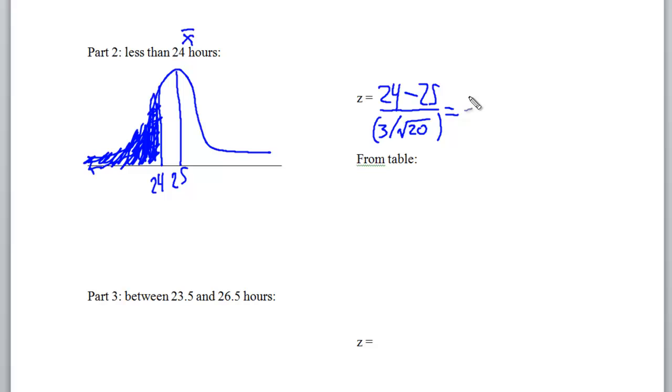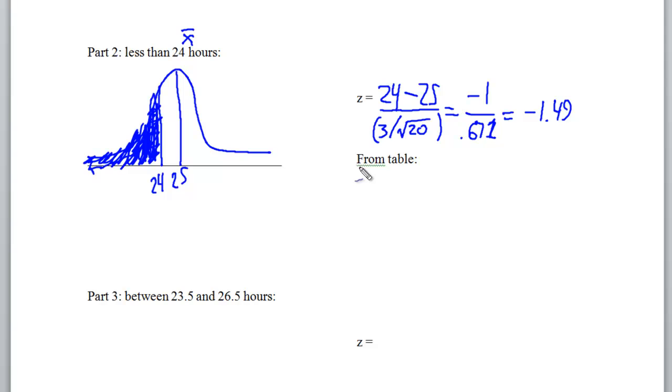So our numerator here is going to be -1. Our denominator here is going to be 0.671, or 671 thousandths. And that gives us an answer of, when we do the division, -1.49.